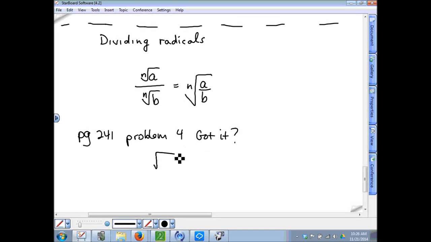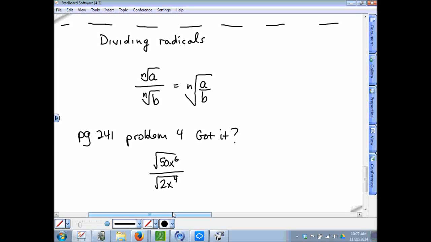So it asks us to simplify the square root of 50x to the 6 over the square root of 2x to the 4th. So this is kind of like multiplying, where sometimes it's better to simplify first and then divide.